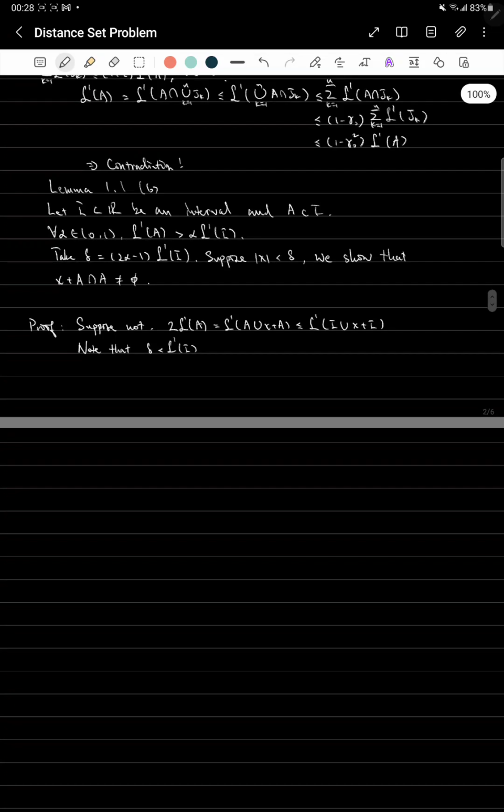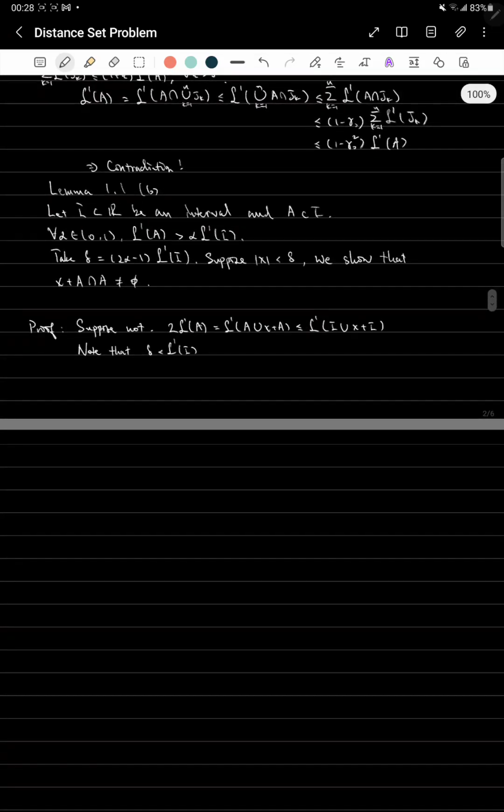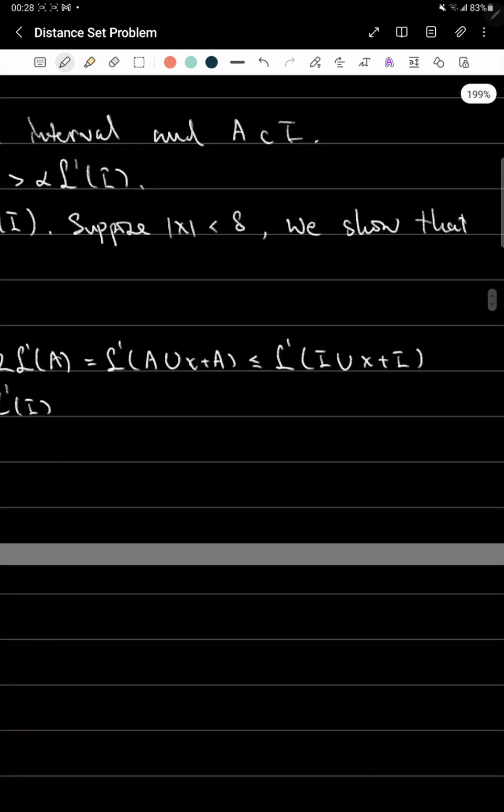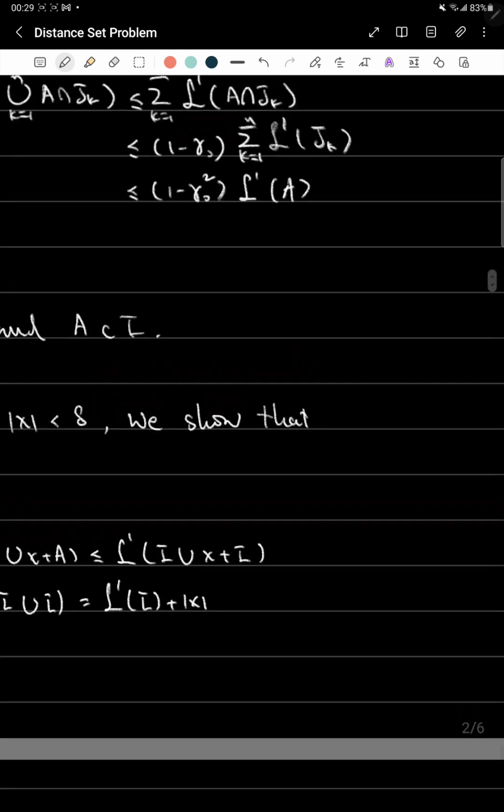Okay, so what's the second thing that we note? We have that the Lebesgue measure of x plus I union I is actually the Lebesgue measure of I plus x, because this is pretty obvious.